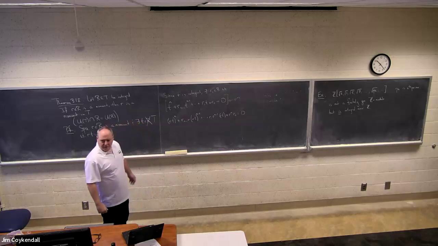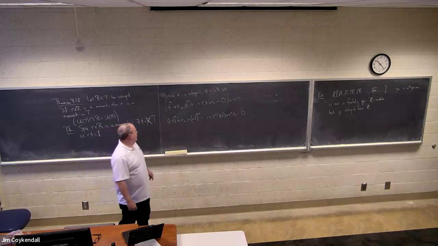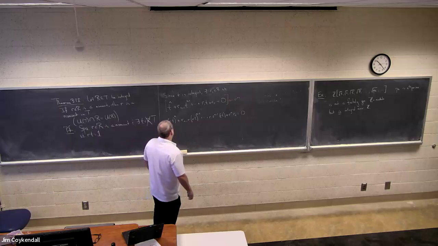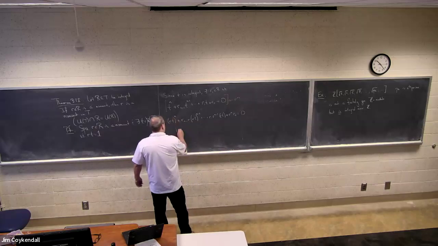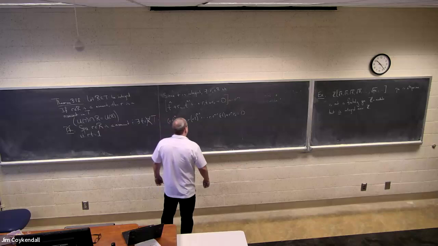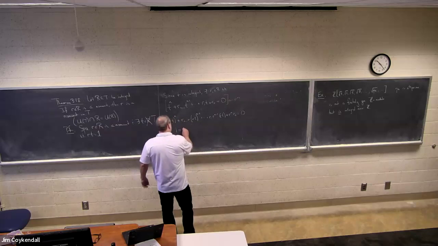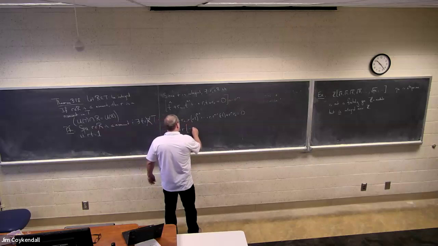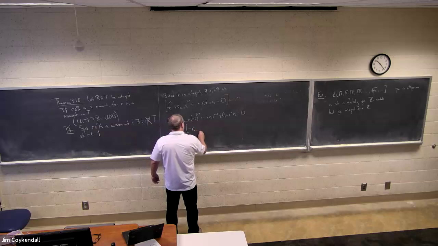But of course, the rt bit is one, right? By assumption. So what I get is 1 is equal to, notice this is r times negative r_{n-1}.